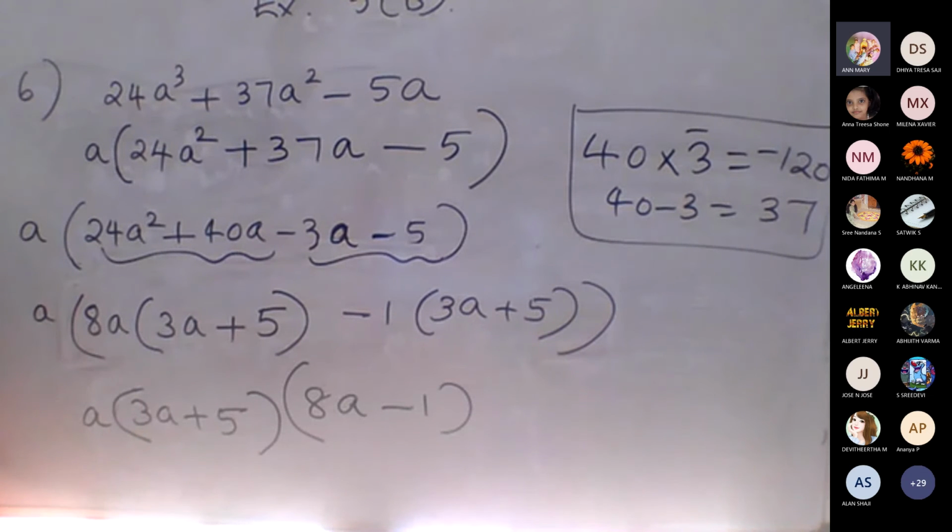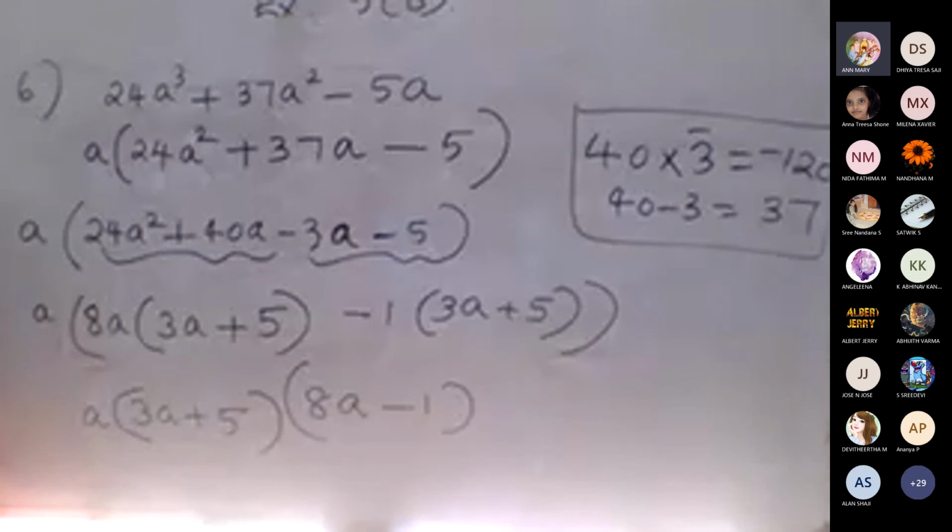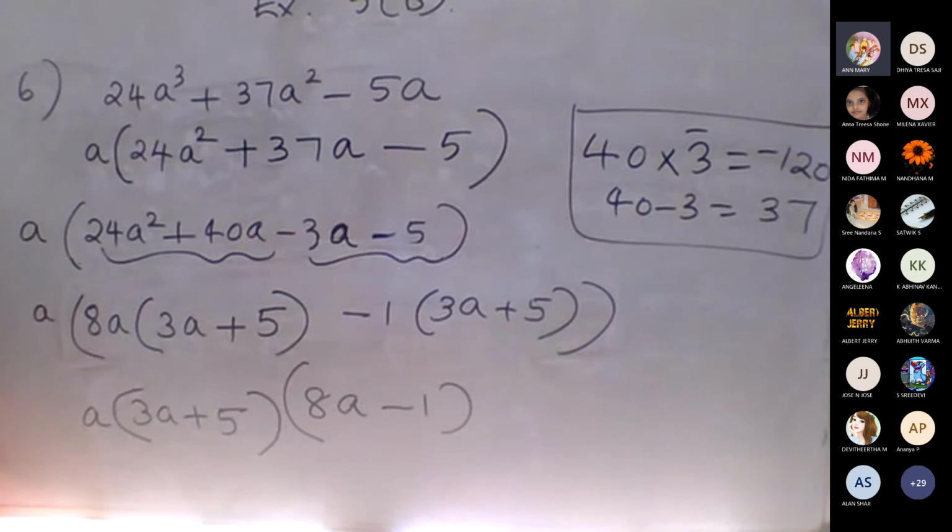We have to get power 2, power 1 and power 0: x raised to 2, x raised to 1, x raised to 0. That means the x squared term, x term and constant term.